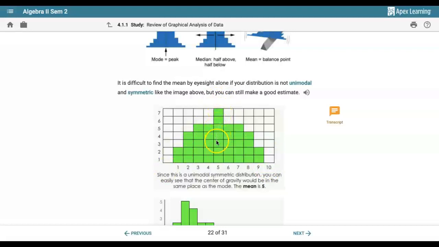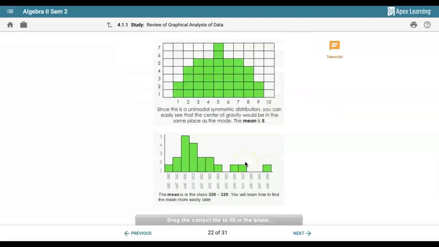And since it's perfectly symmetric, this middle point is going to have half above and half below, so this is going to be our median point. And for our mean, which is also the balance point, it is going to end up also being 5. So this is a perfect example of where it's all at the same point because it's symmetric, unskewed, and unimodal.